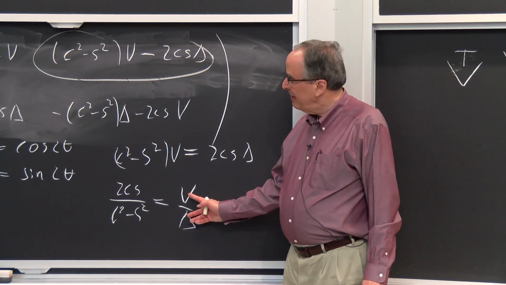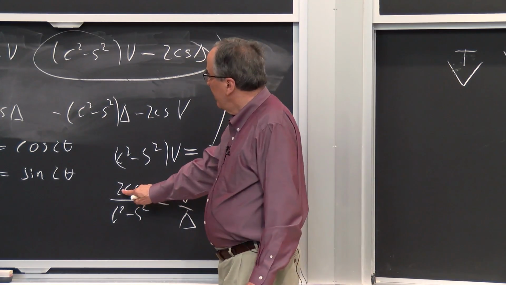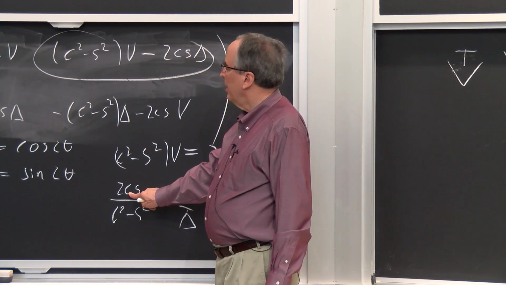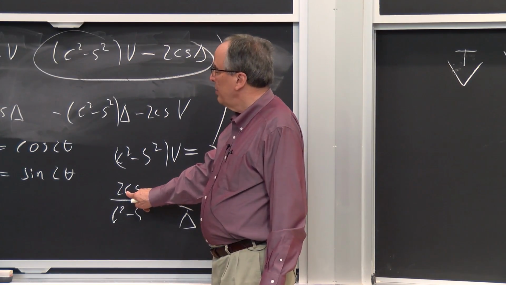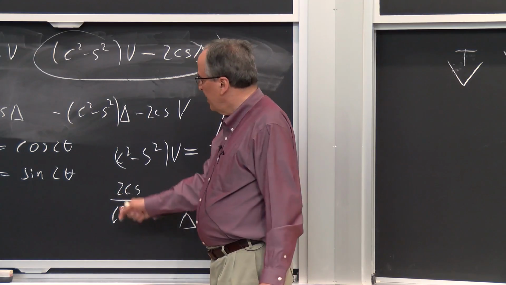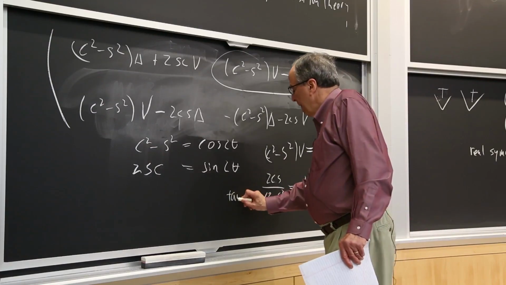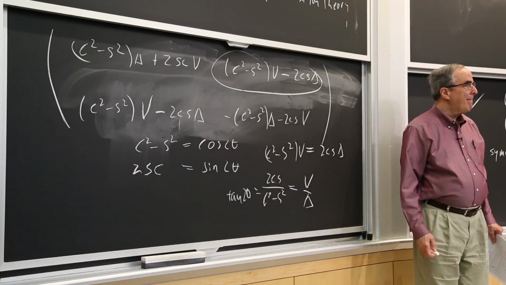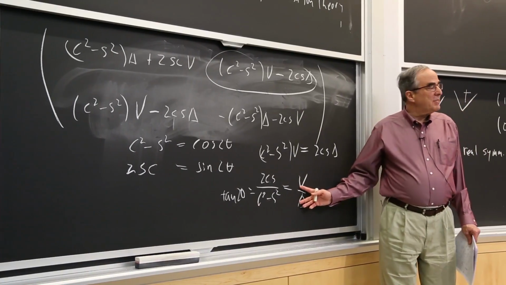Well, that looks pretty good, especially because this is sine 2 theta, and this is cosine 2 theta, which is, this is tan 2 theta is equal to this. So now we have a simple equation.